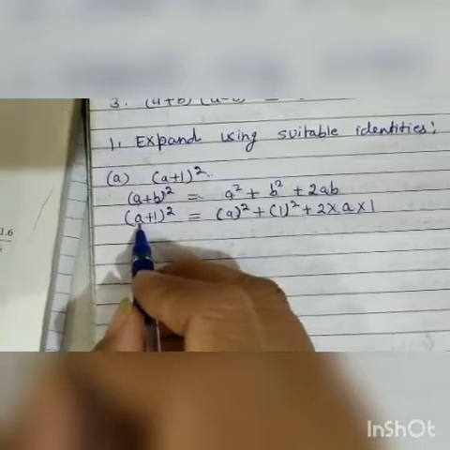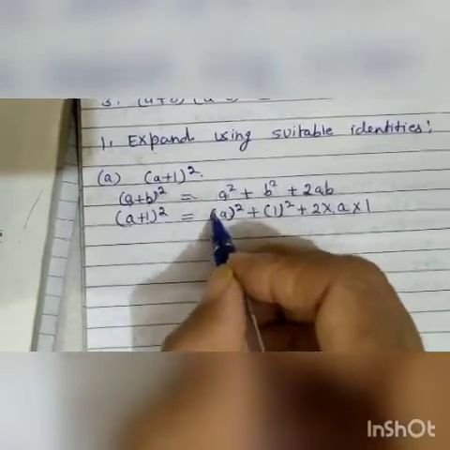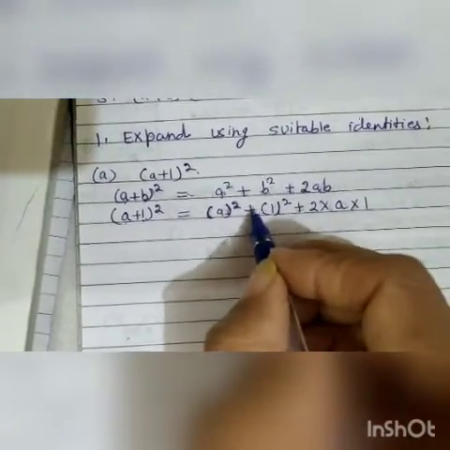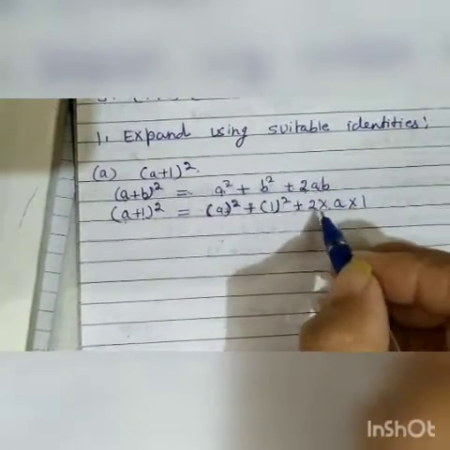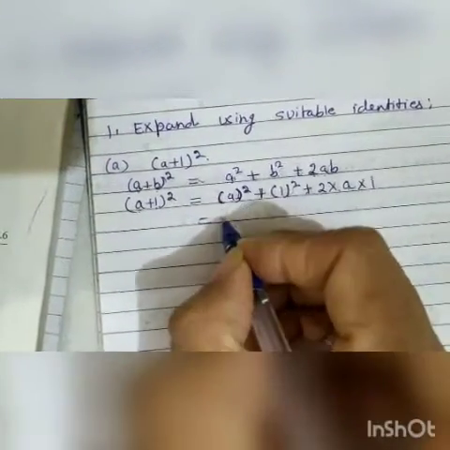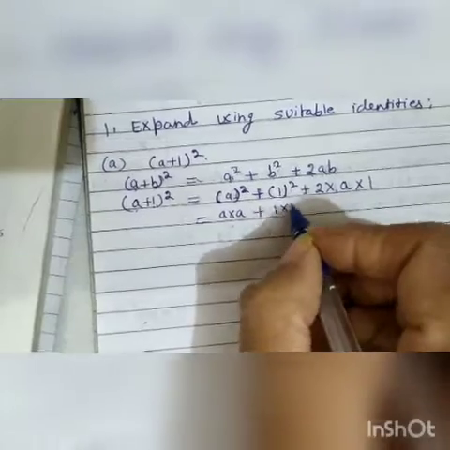So our first term is a, second term is 1. So square of first term is a whole square. Square of second term is plus 1 whole square plus 2 into a into 1. Now a square means a into a, 1 square means 1 into 1.